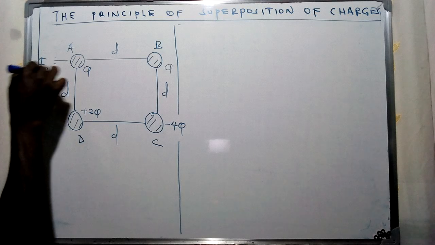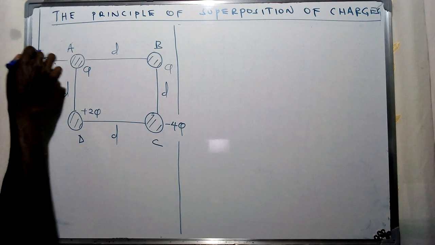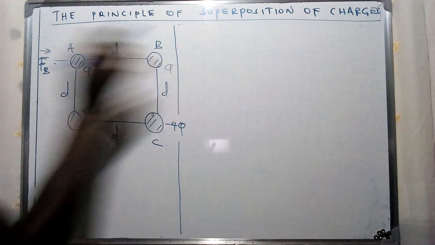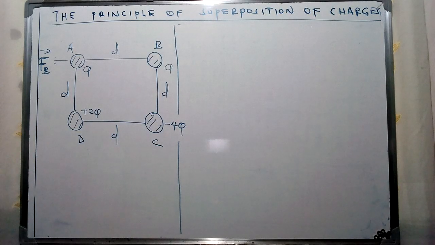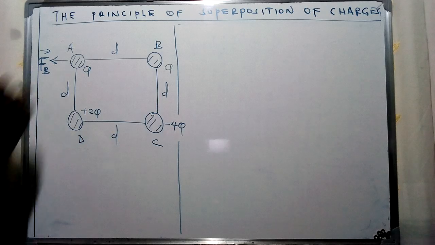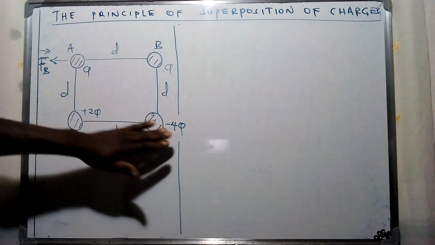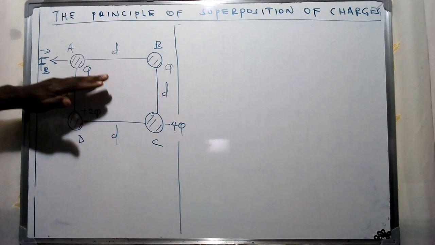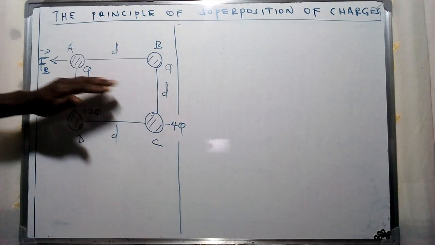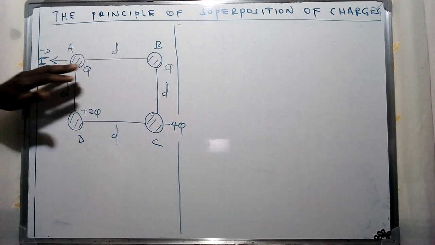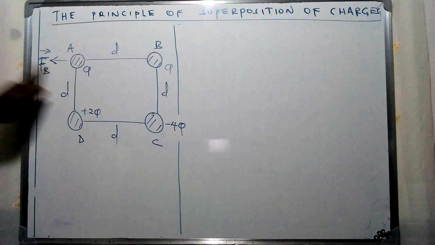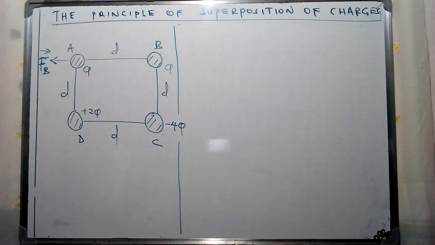FB is the force applied on A by this specific particle, and this force can be indicated using this arrow. We assume the two Q's are positively charged particles, and therefore this is a repulsive force pushing this particle in that direction.